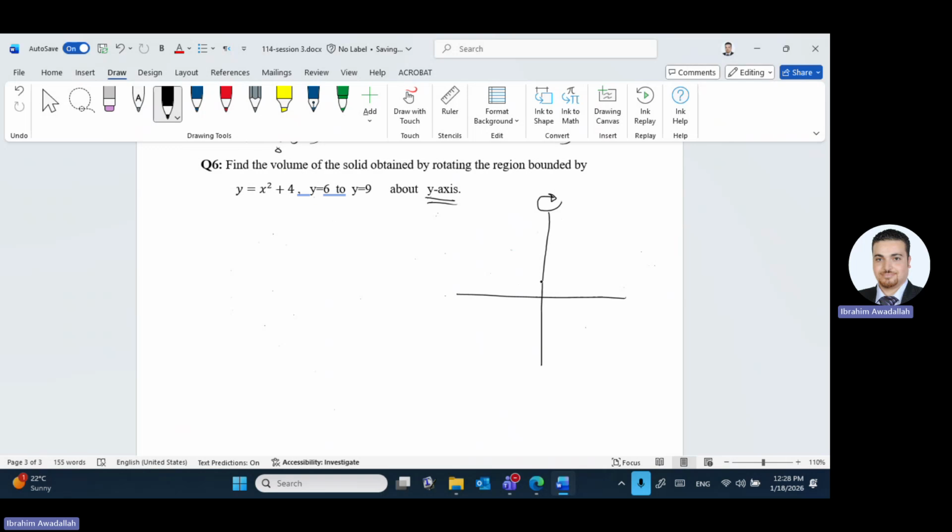So x squared plus 4, if I have 1, 2, 3, 4, my graph is almost like this with 4. y equals 6, a horizontal line. This is 6, and y equals 6. This is the second line, y equals 9. So this point is 9. So where is the region between these two lines and y equals x squared plus 4? This is my region, by the way.